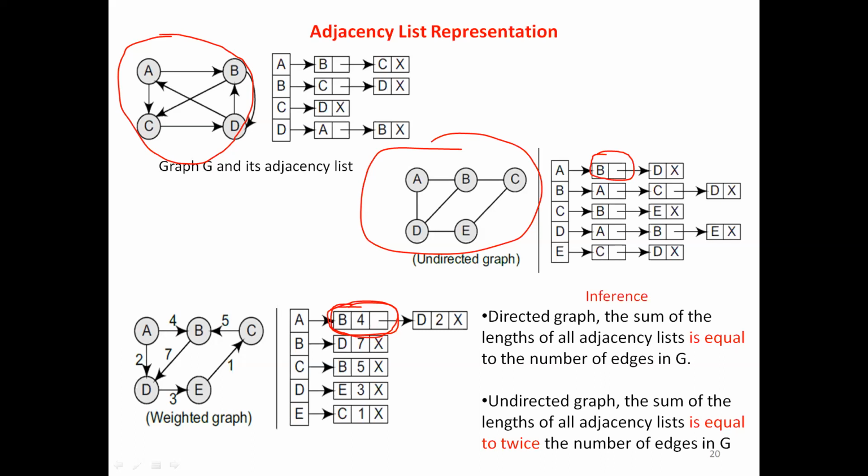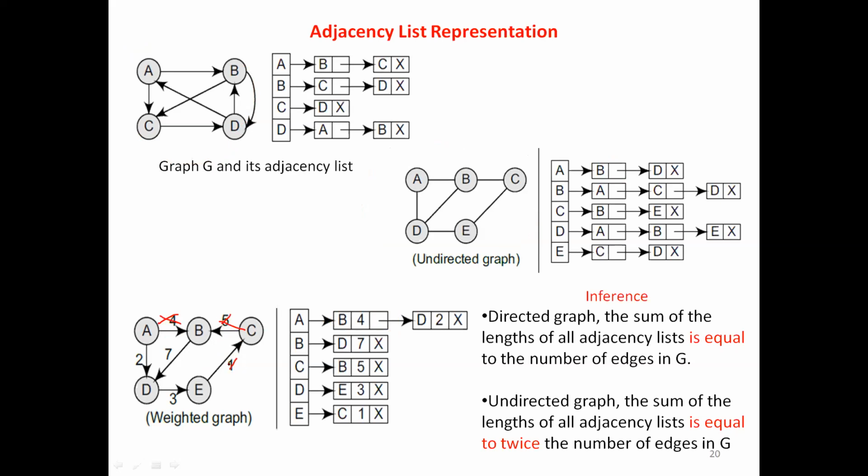Fine. You compare. Assume that it is not weighted. Let it be unweighted. I'm just crossing it out. Assume that it is an unweighted graph. Now the difference is that both are similar, except direction.